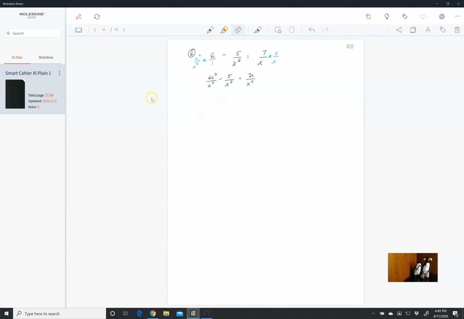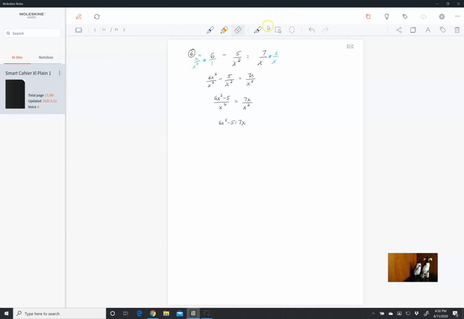Combine your fractions. 6x squared minus 5 over x squared is equal to 7x over x squared. And then we get this lovely equation. We love it. We can say, okay, let's not cancel, sorry, let's ignore the denominators and set the numerators equal to each other. We get 6x squared minus 5 is equal to 7x.